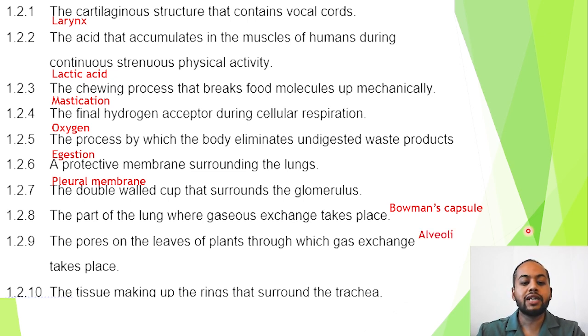The pores on the leaves of plants through which gas exchange takes place: the plants have pores known as stomatal pores. The tissue making up the rings that surround the trachea: those rings are in the form of C-shaped cartilage rings.